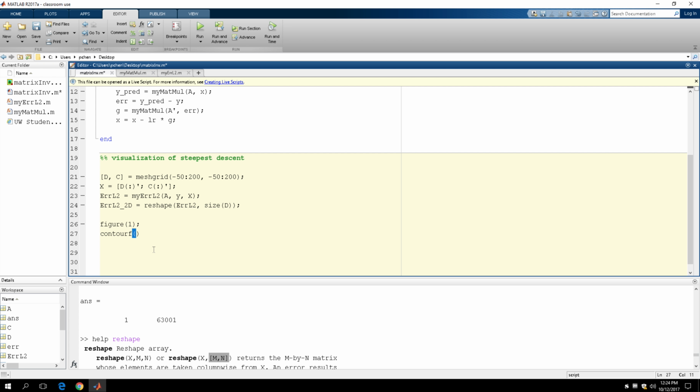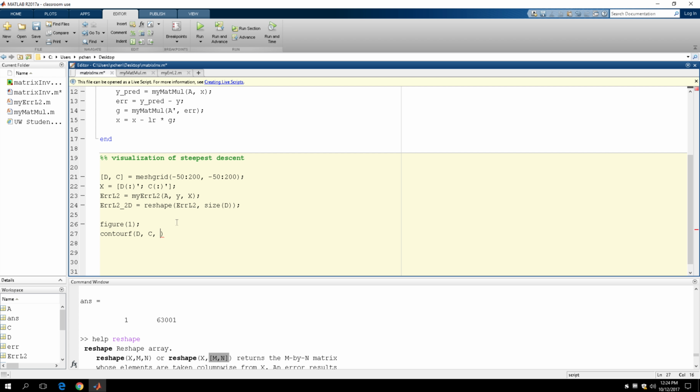And then it's gonna take at least 3 inputs. The first input is going to be the horizontal axis, the mesh points, the x coordinates of all the mesh points, basically. And then the second input is supposed to be the y coordinates of all the mesh points, or all the grid points.